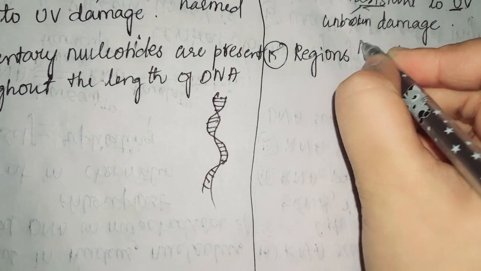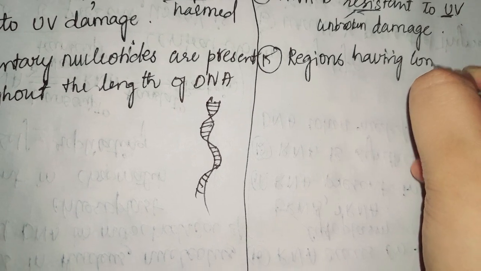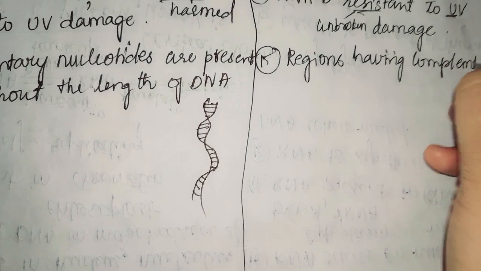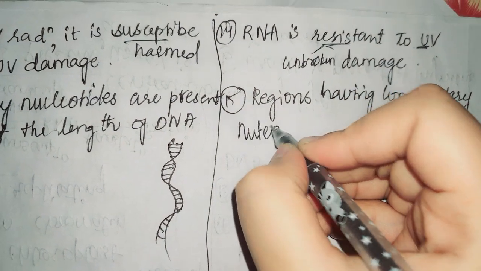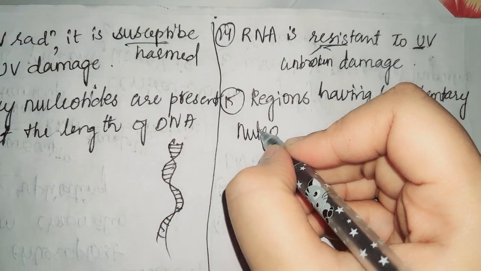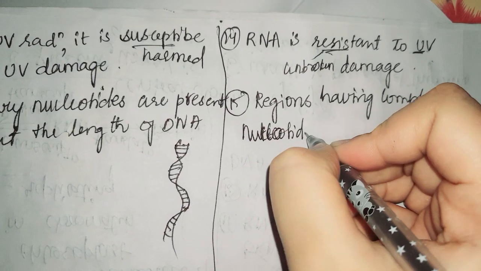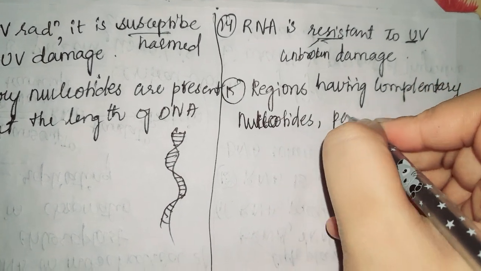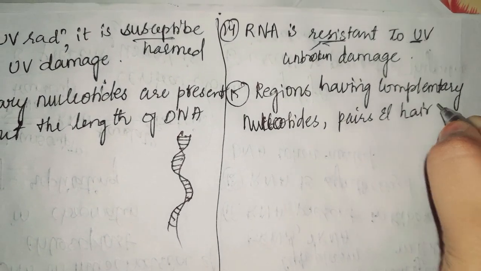In RNA the complementary nucleotide pairs are present only in some regions, and sometimes it forms a hairpin-like structure, as in tRNA.